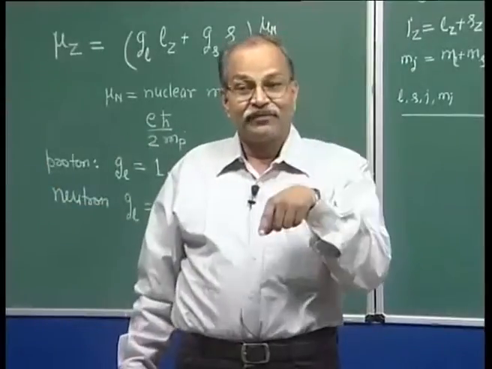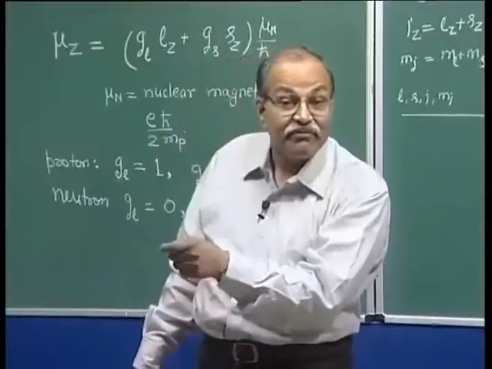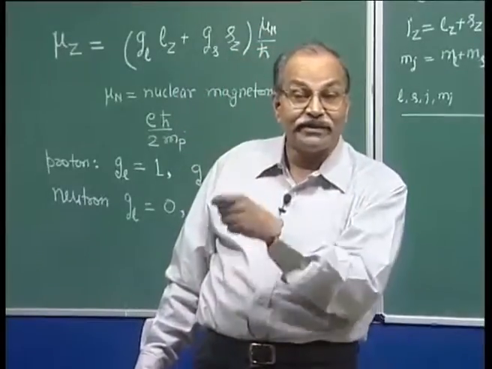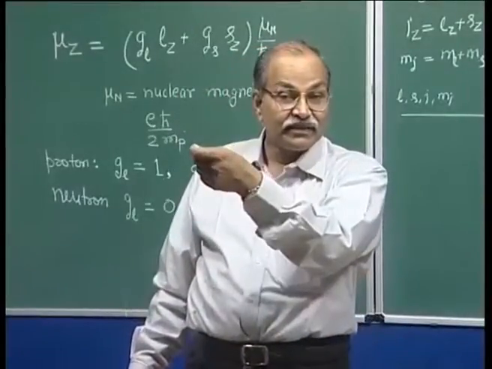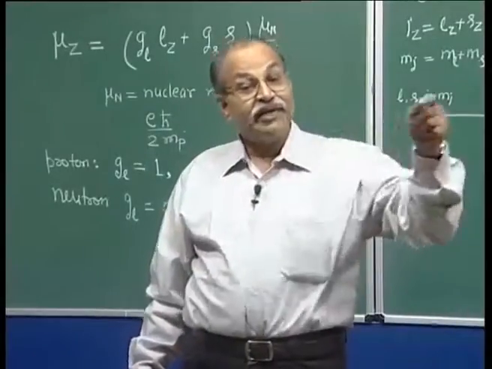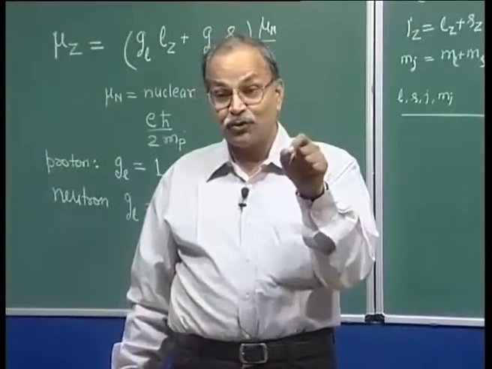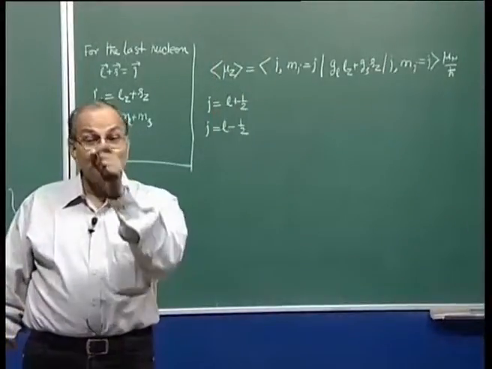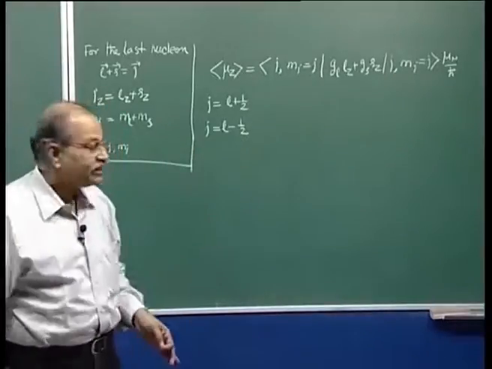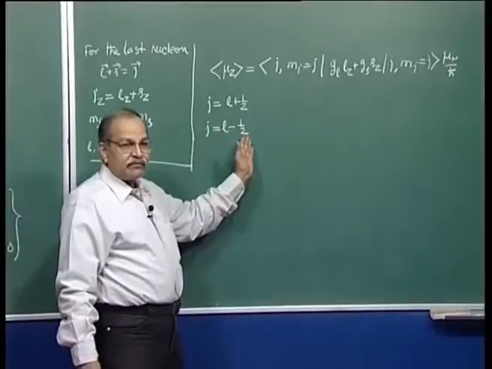Similarly, D is L equal to 2, so you have D 5 by 2 and D 3 by 2; D 5 by 2 is lower energy, D 3 by 2 is upper energy. These 5 by 2 and 3 by 2 come from L plus half and L minus half. For D state L is equal to 2, so 2 plus half and 2 minus half, similarly for everything. So, J will be either L plus half or L minus half.